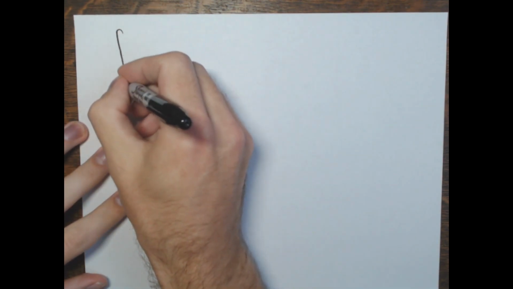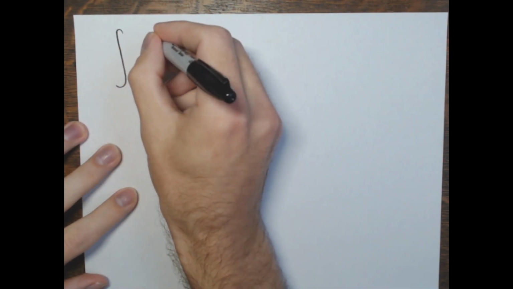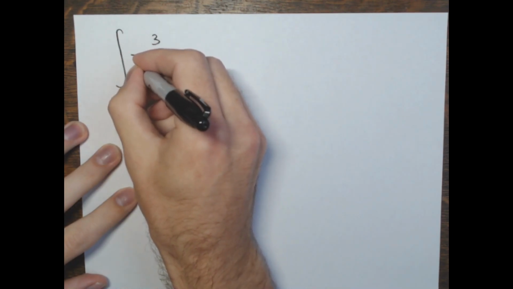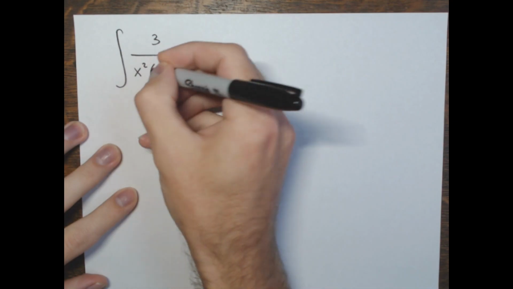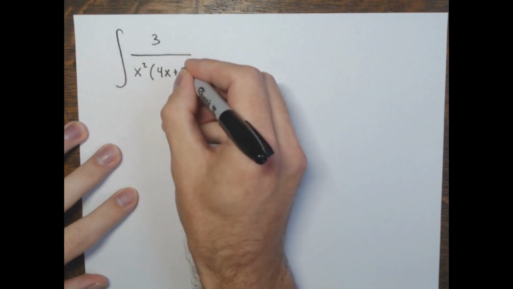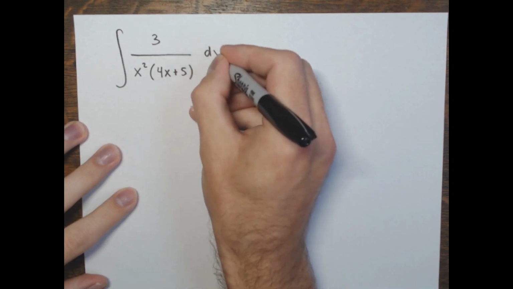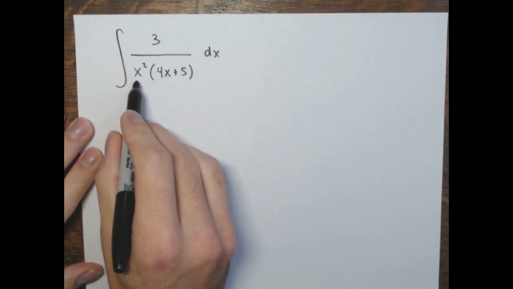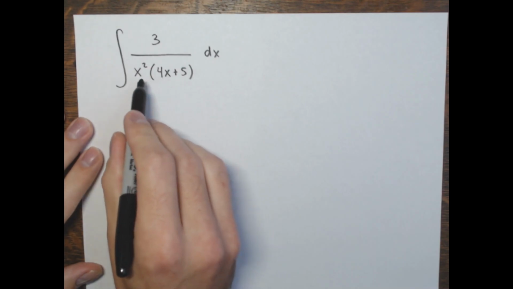So we have the integral of 3 over x squared times 4x plus 5. All right, so look at this. This is a proper fraction. Now, the denominator is already factored.